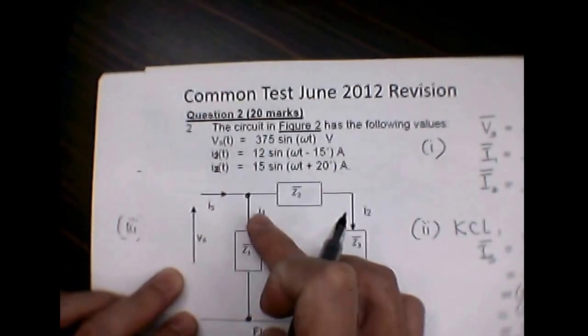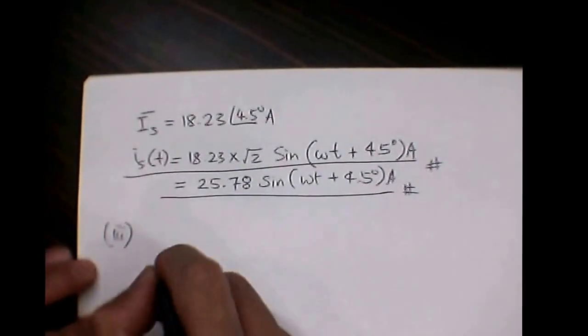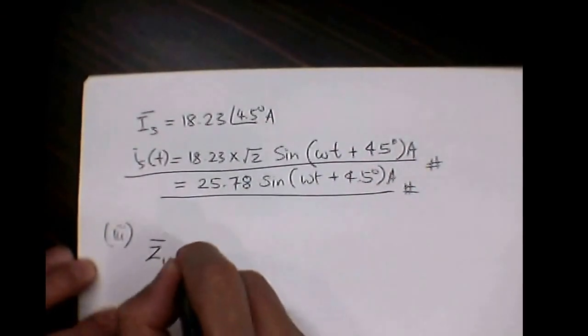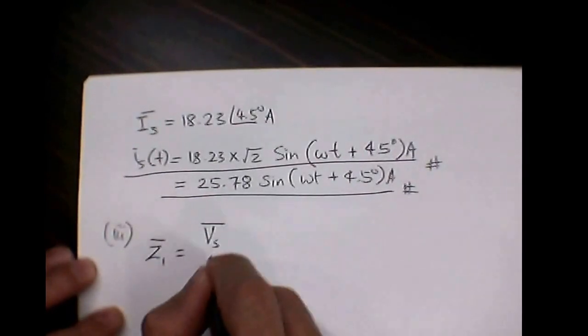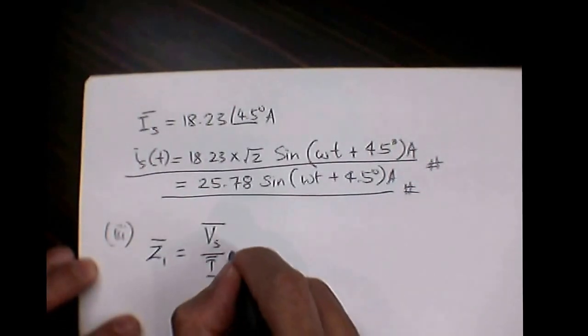So Vs divided by I1 must equal impedance 1. So we use the formula Z1 equals Vs over I1 in phasor form.